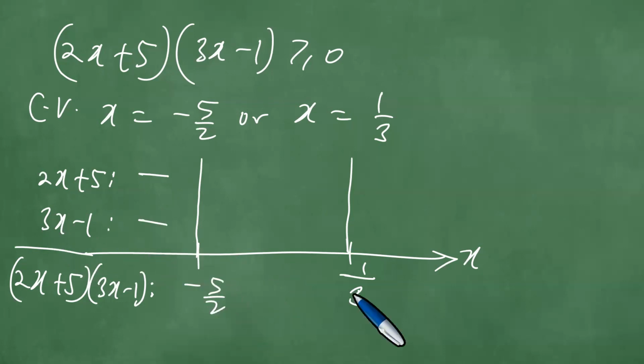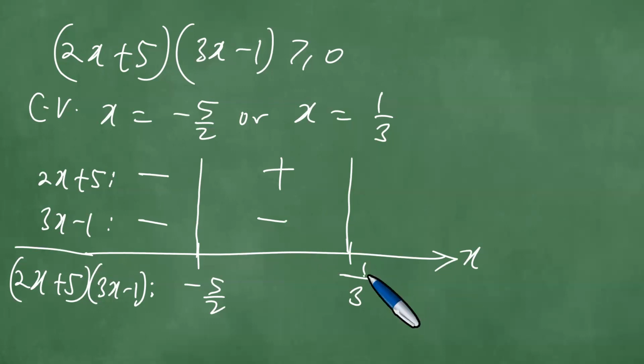Okay, between a negative number and a positive number on the number line, take a 0. 0 plus 5 here is going to be a positive number. And putting a 0 in the place of x, 3 times 0 minus 1 is negative.